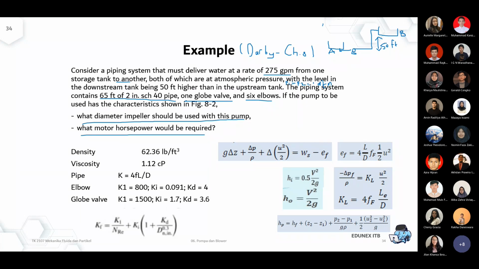Because we are talking about a flow system between A and B, it must relate back to the Bernoulli equation. If you have your point A and point B, and then your suction before the pump and your discharge after the pump, those are the 4 important points you need to be aware of in the calculation.